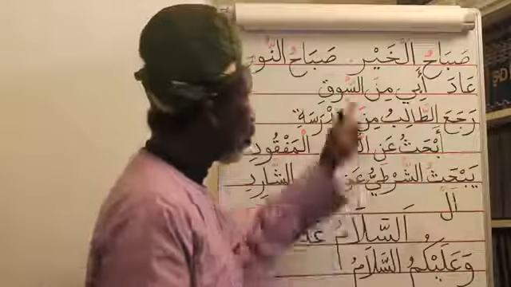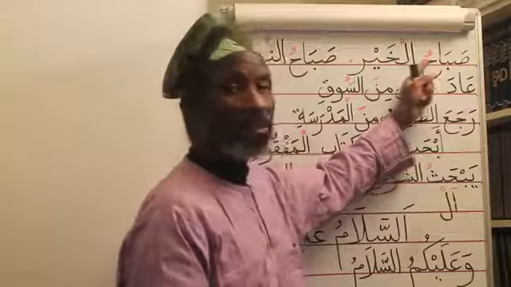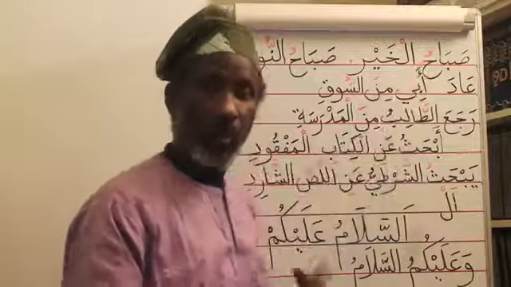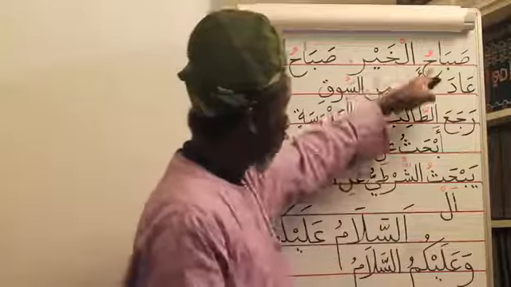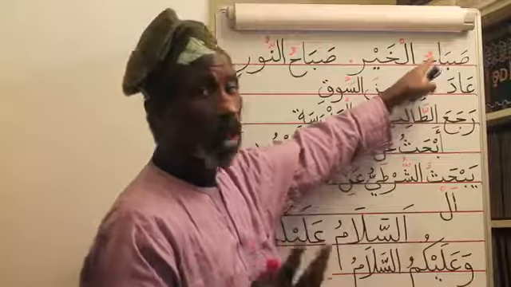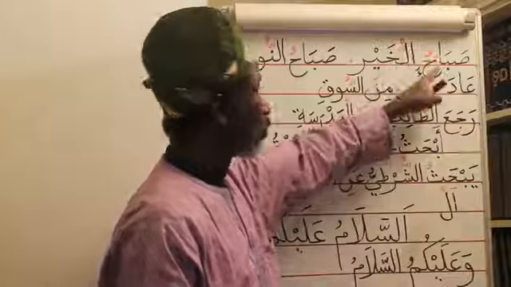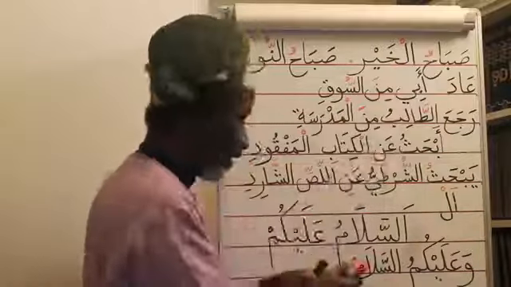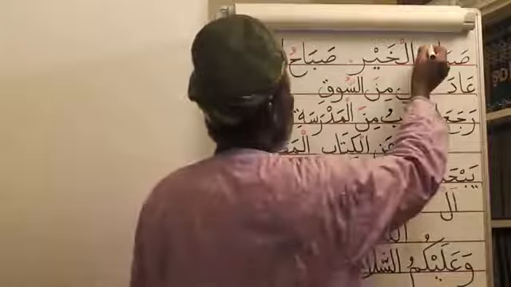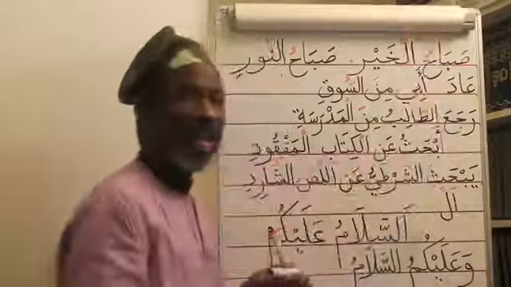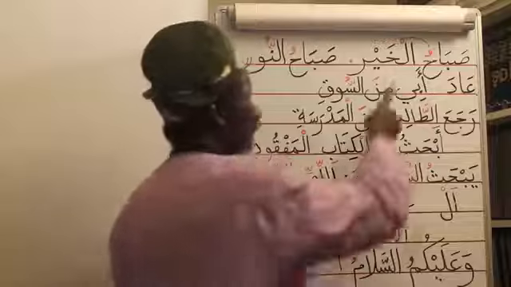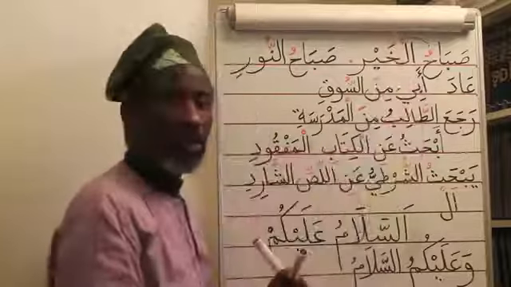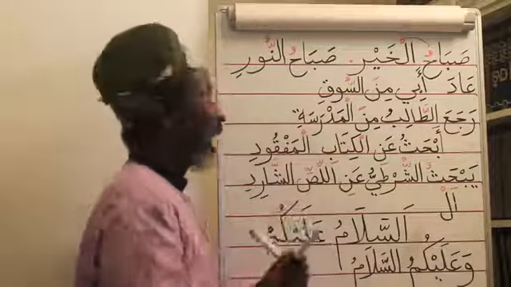And sukun always looks back to see the first available vowel to be linked, to be connected with it. So it looks back, this is the nearest. Doesn't matter how far, that's the nearest. So sabahul, in a sense you are linking that, ignoring your pronunciation, the alif is now silent. Sabahul khair.